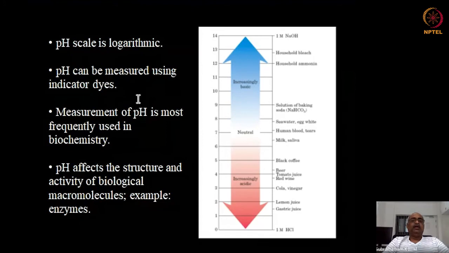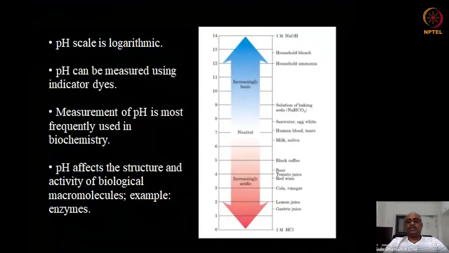Okay. So therefore pH is very, very central in biochemistry. So pH affects, I mean, the hydrogen ion concentration significantly affects the structure and activity of biological molecules. A good example are enzymes. So that is why the pH is very critical for us.